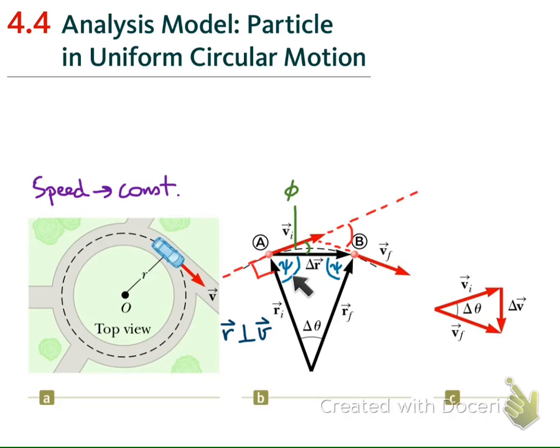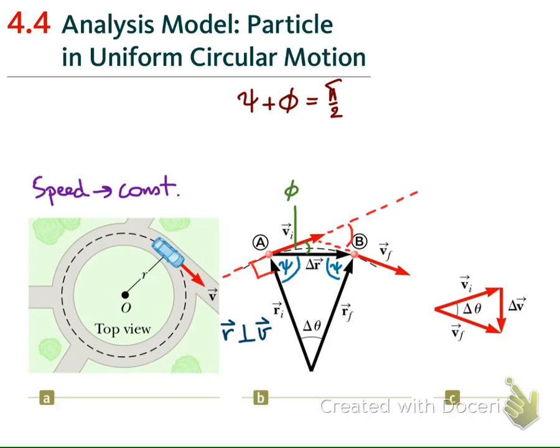Okay, this is psi and this psi, and you can see that if we add psi and phi, we will have that the angle psi plus the angle phi is equal to pi over 2.